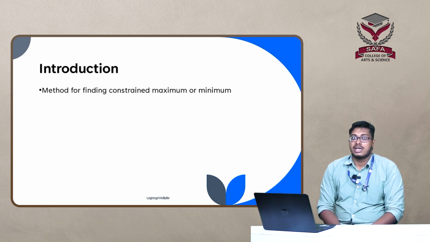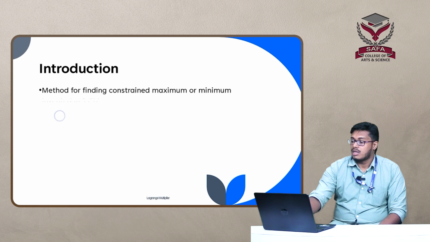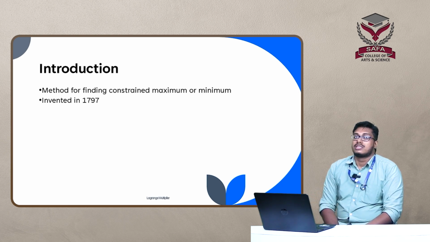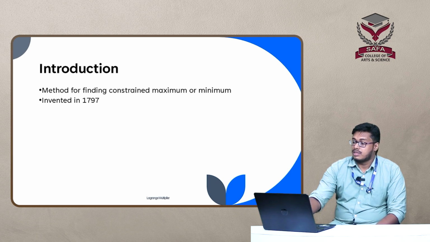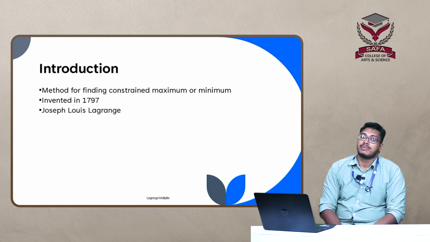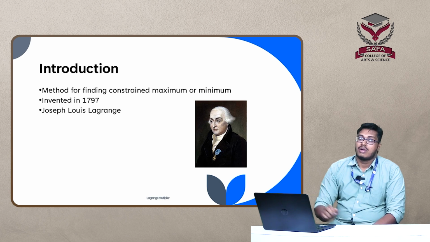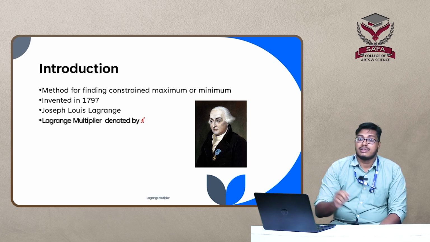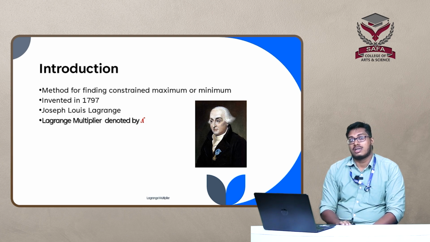Okay, the Lagrange multiplier was invented in the year 1797 by Joseph Louis Lagrange. The Lagrange multiplier is denoted by the letter lambda.